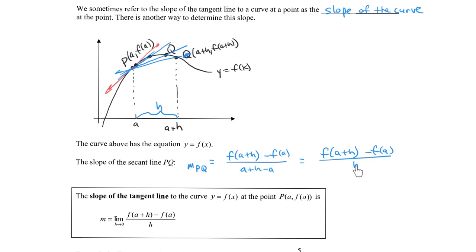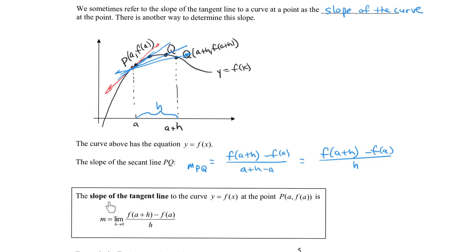But we're going to use this right here. So we're going to do like we did before. This is the slope of the secant line. Secant, remember, cuts twice. All these blue lines are secant lines. We really want the slope of the tangent line, which is that red line that just touches, right? So much like before, we can take a limit.